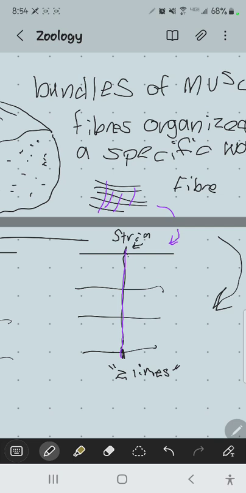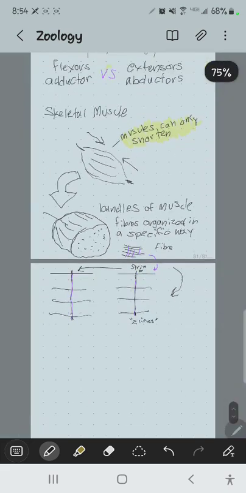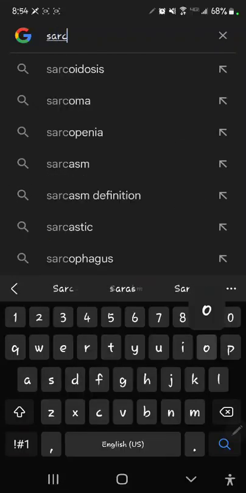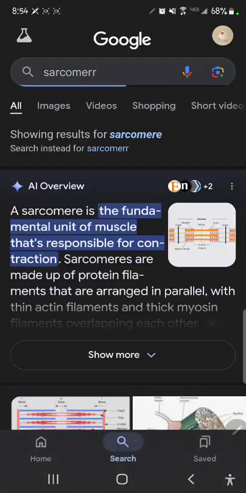Okay, so these Z-lines are basically making up what is called the sarcomere. The sarcomere literally means, sarco means flesh, and mere means unit. So this is called the flesh unit, but what it really refers to is the contractile unit of the muscles.